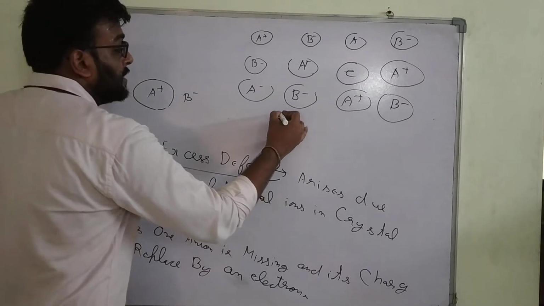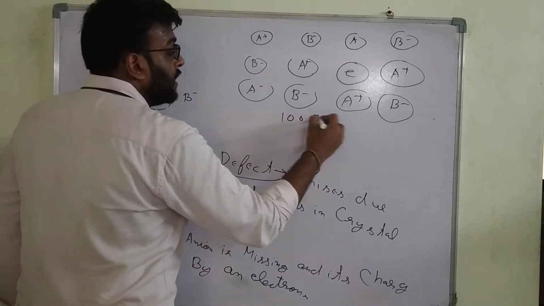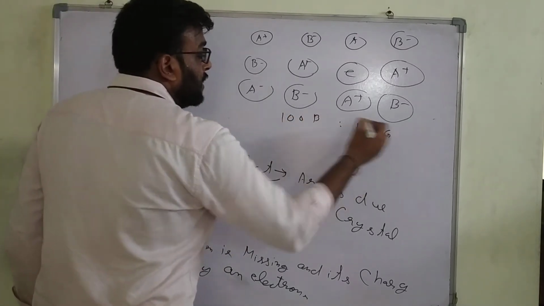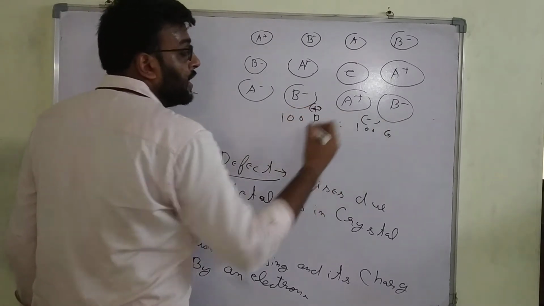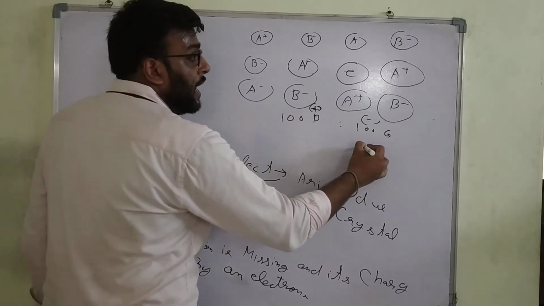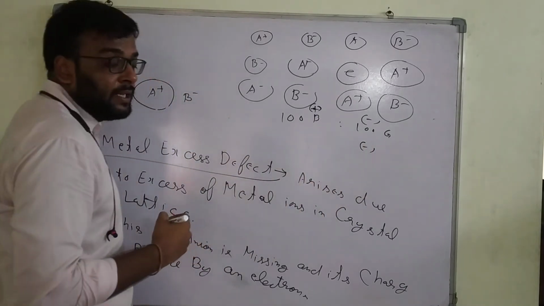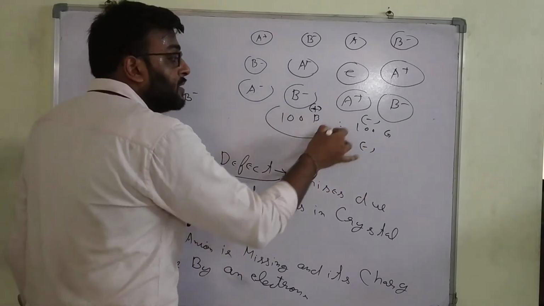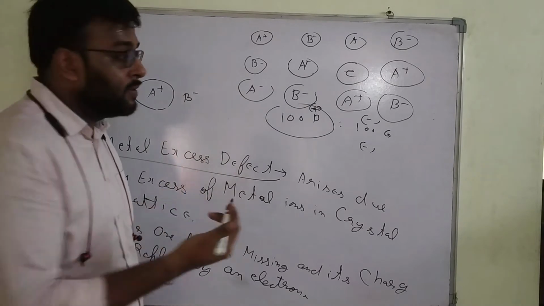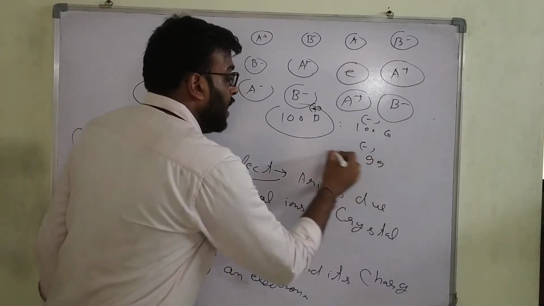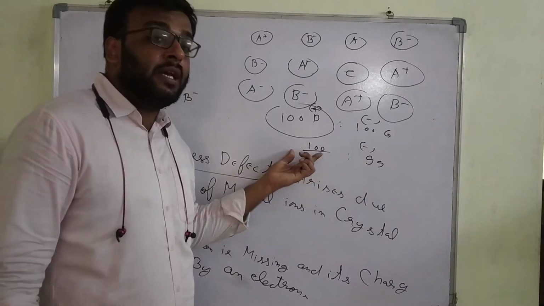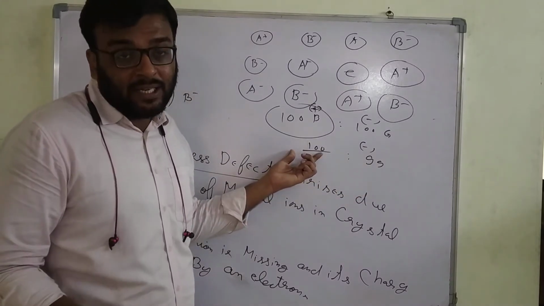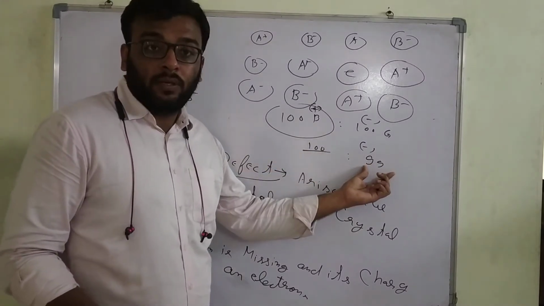Suppose there are 100 boys and 100 girls in the class. I take the positive charge as the boys, and they give the negative charge. If one girl is absent, automatically the boys' strength increases. Suppose there are 99 girls and 100 boys. So it is self-understood that the positive charge automatically increases, because one girl is absent.